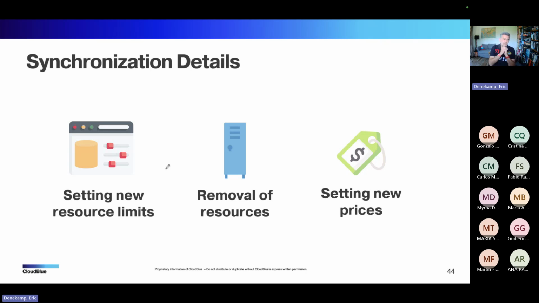We have new resources, or we have less resources, there are new limits, and there are new prices. However, if you need to push it out, I can imagine that if you have a very fluctuating exchange rate and you buy from Microsoft in dollars, that you at least want to set new prices on a regular basis, weekly, daily, monthly, whatever you want to do, and you push it out. In that case, synchronize from within the service plan.